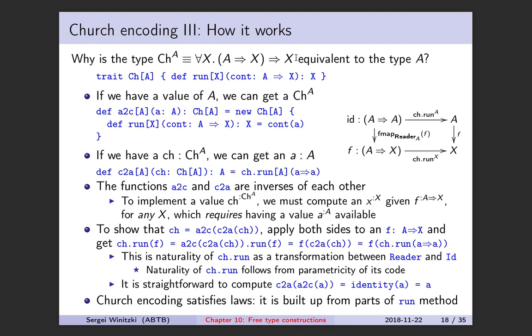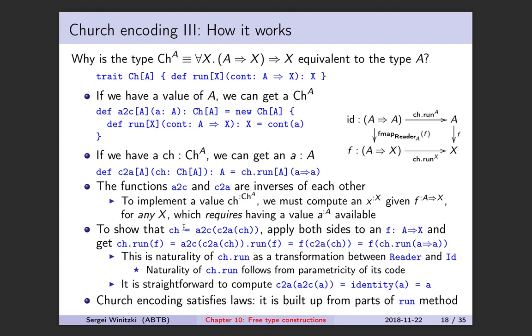So, if I had many values of A at my disposal, I would be forced to choose one of them for all x, and to use that one value of A in order to create this thing for all x. In other words, the only way to have a value of this type is to have a fixed value of A. And this is how I'm forced to implement a value of this type.